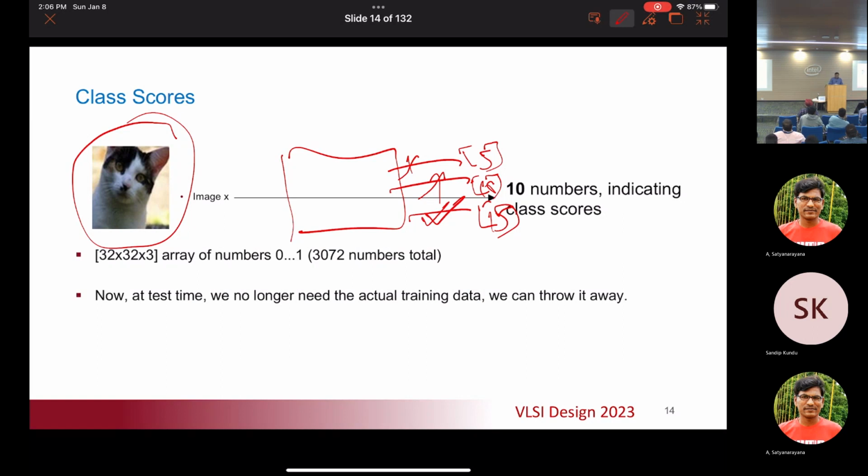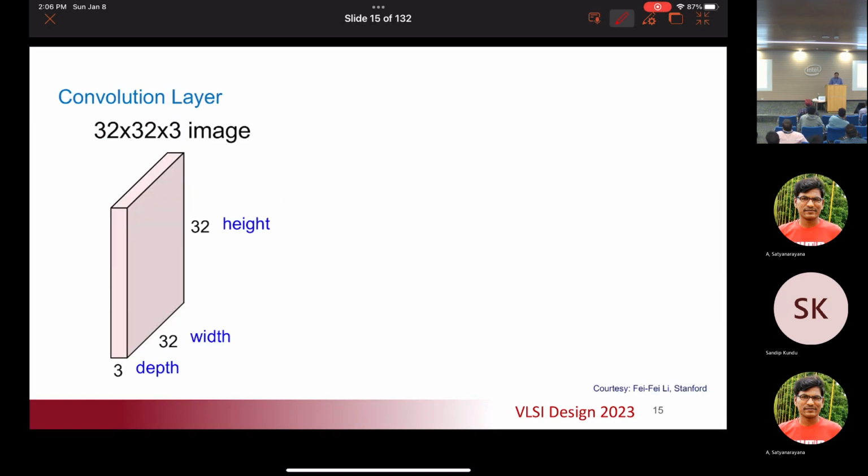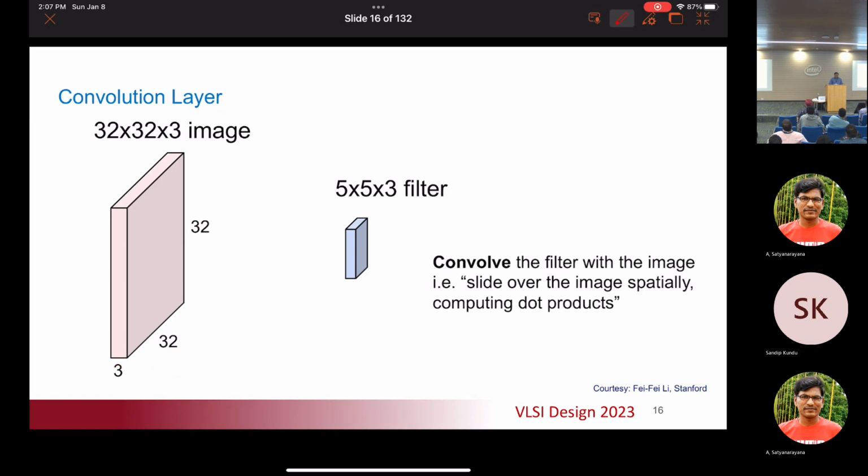So how are you going to compute that score? Let's look at how the model is going to do the computation. You have an image, which is 32 by 32 by 3. It has a width of 32, height of 32, and a depth of 3, or RGB planes. Then you apply something called a filter. In this case, we show a filter that is 5 by 5 by 3.